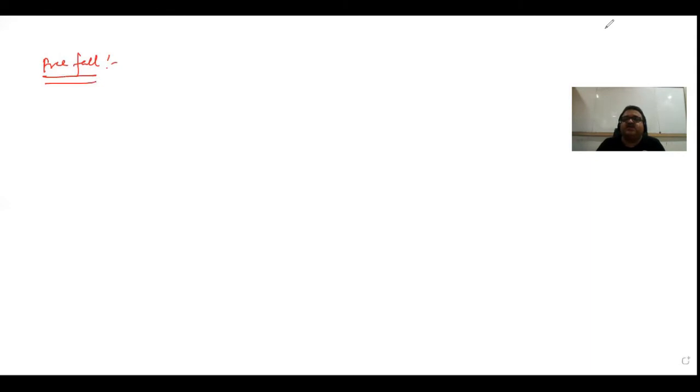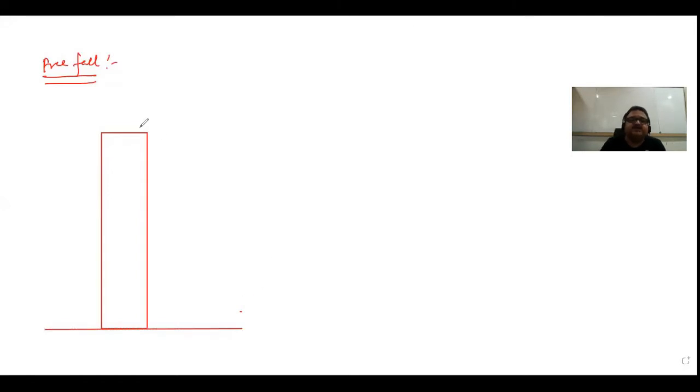Let me draw a tall building. Our body is dropped from the top of the building. Suppose there is a man standing at the top of the building and dropping a ball.